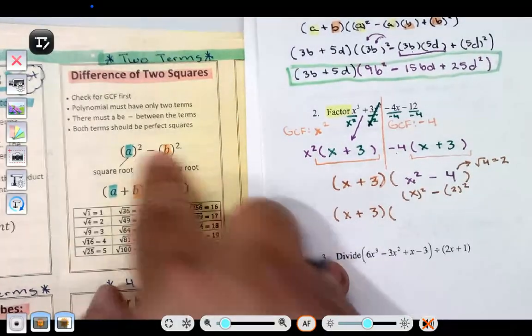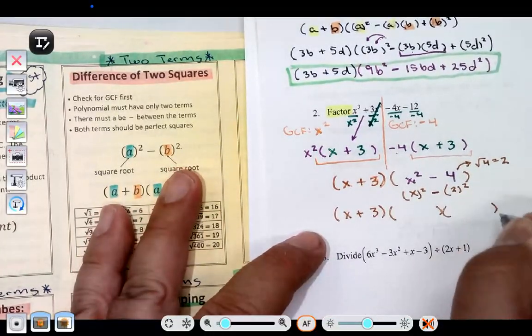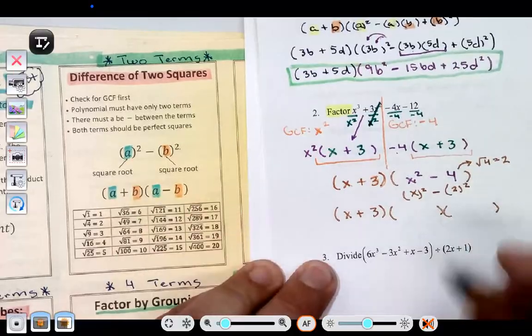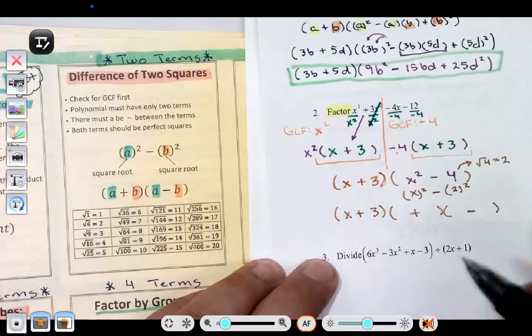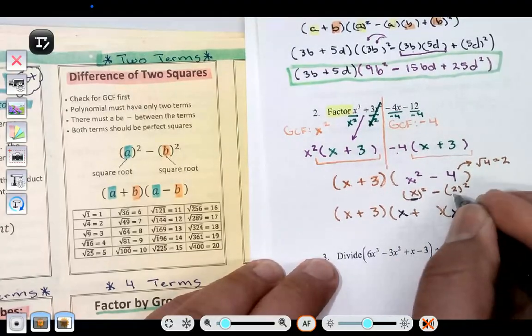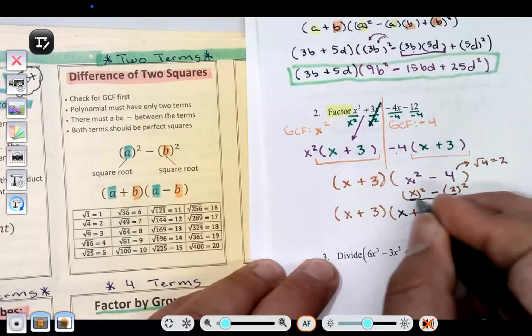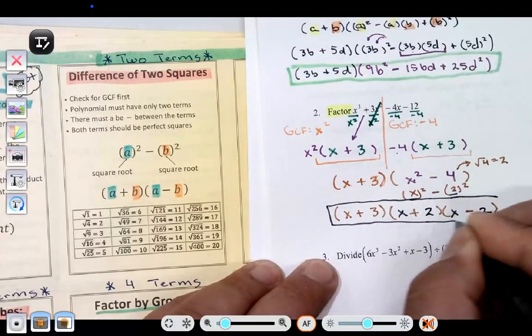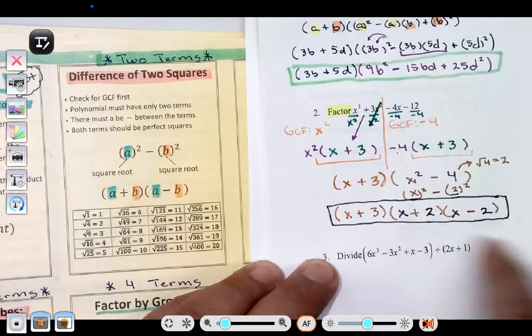So it does look like my word wall now, which means I get to put 2 parentheses, one with a plus, one with a minus. Go. And then, of course, x is first, so we write x into each one. The 2 is second, so we write 2 into each one here. And just like that, we have officially factored this 4-term binomial. We have fully factored this one.